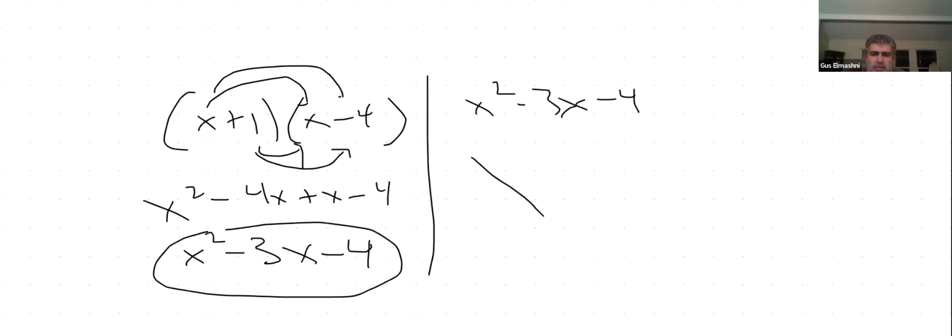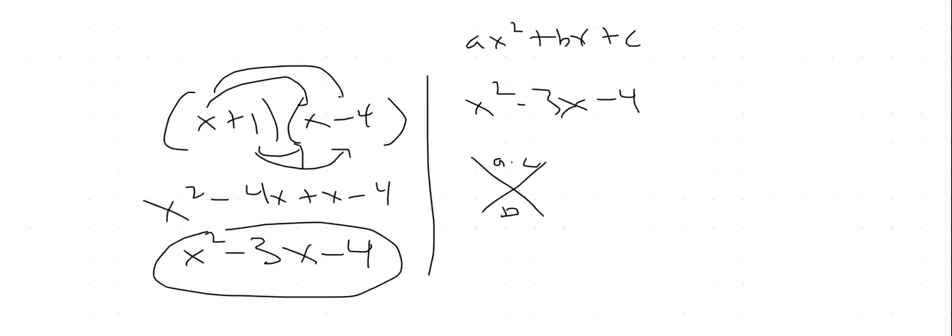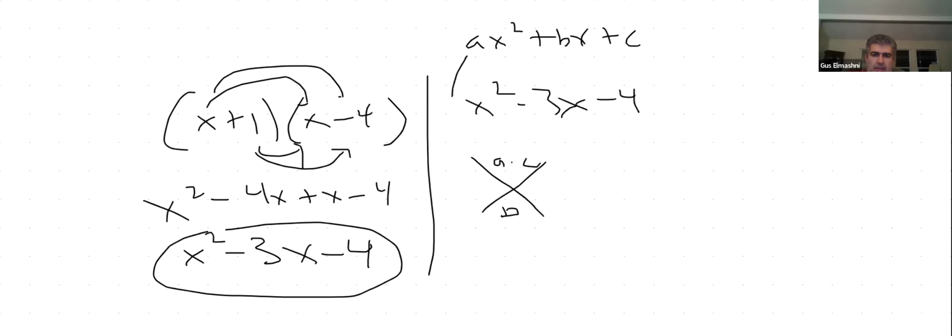Sometimes they do what I call the AC method. Generally speaking, quadratic equations take on this form, ax squared plus bx plus c. In fact, we call it the standard form. A is the coefficient of x squared, b is the coefficient of x, and c is the constant.